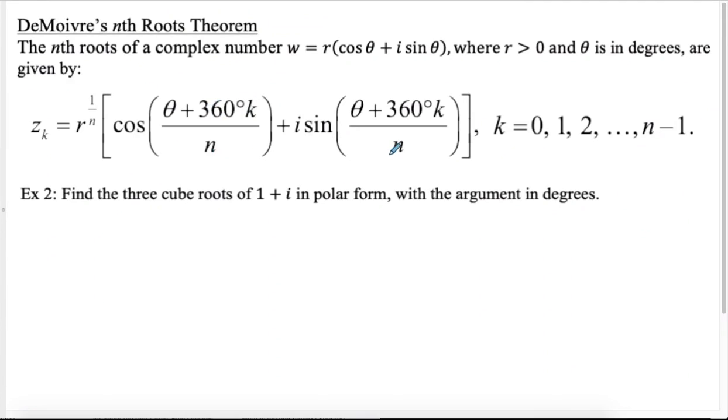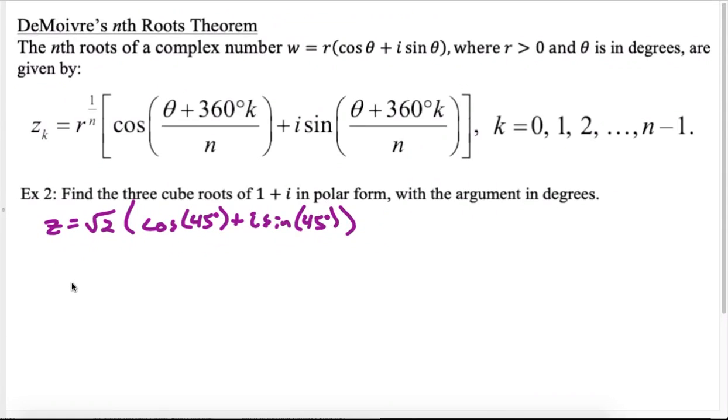If I want to find the 3 cube roots of 1 plus i, in the last example we showed that 1 plus i was the square root of 2 times cosine of 45 plus i times the sine of 45.